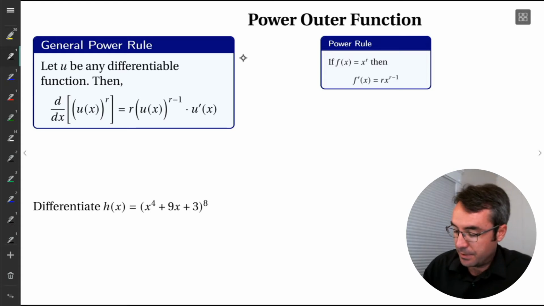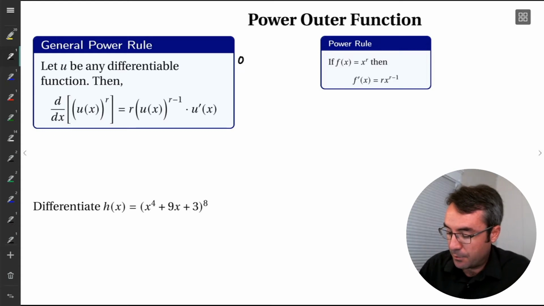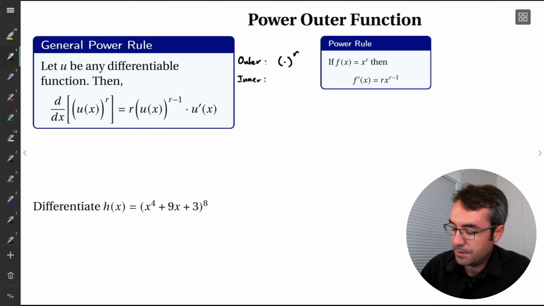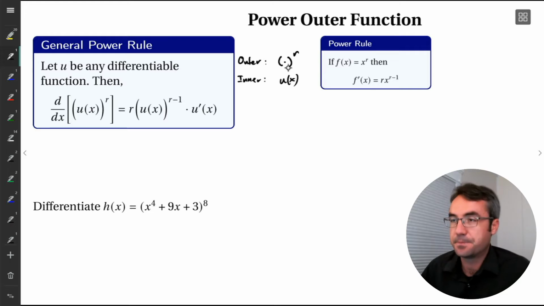So let's quickly identify: we have an outer function, raised to the power r, and our inner function is u of x. The power function is the outer part here.